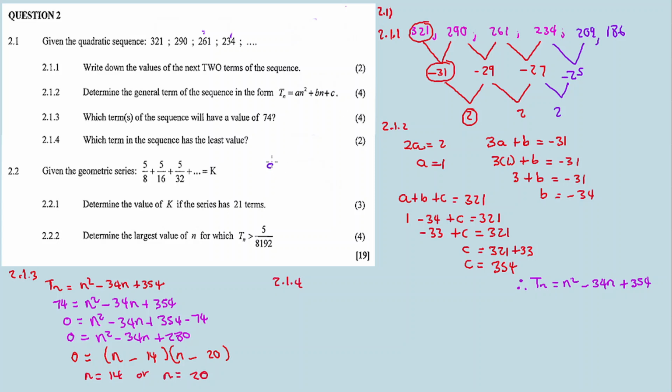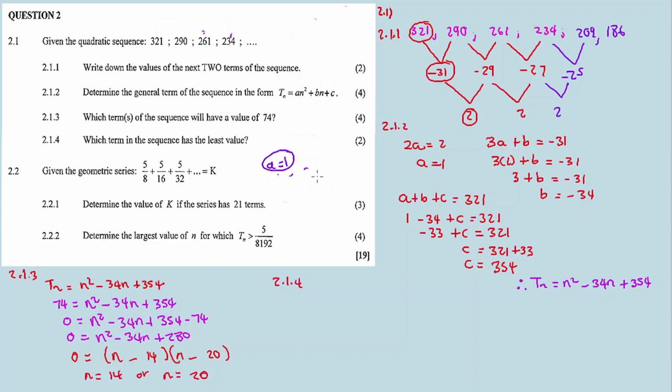Now, a is equal to positive 1, b is equal to minus 34, c is equal to 354. So now we are interested in the value of a.